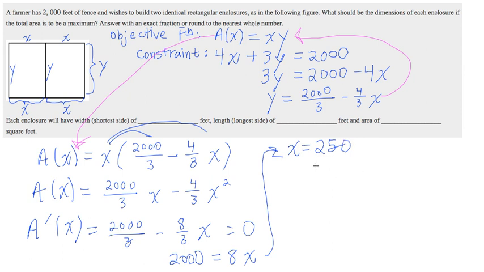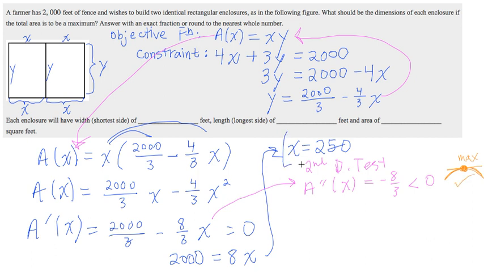I would check with the second derivative test real quickly, which is where we find the second derivative of A. A double prime: the derivative of the constant is 0, and of negative 8/3 x is negative 8/3, which is always negative for all values of x, which means it's concave down. The function A of x is concave down, so its shape is like that. So the critical value, where the derivative is 0, is right there. It is, in fact, a max by the second derivative test.